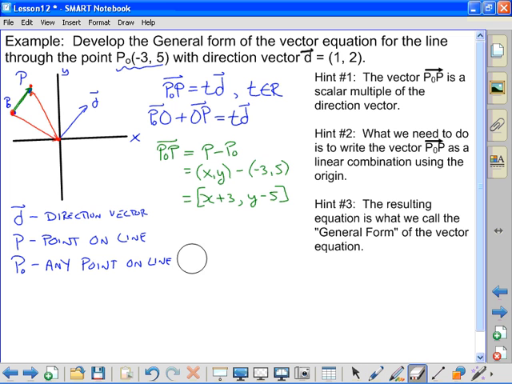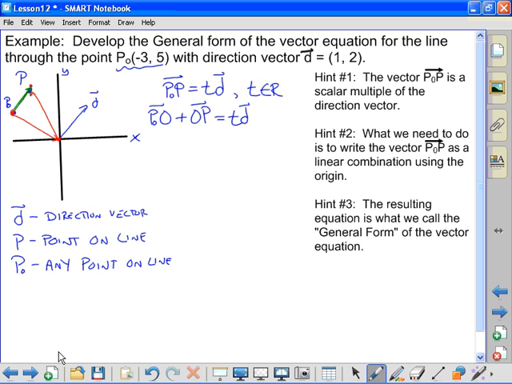That was a silly mistake, sorry, because we don't want that. I want actually P naught O. My mistake. So P naught O is equal to the origin minus P naught. So 0, 0 minus -3, 5, which would give me a vector of 3 and -5. So that's P naught O taken care of.